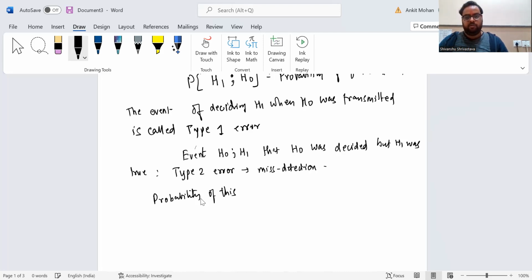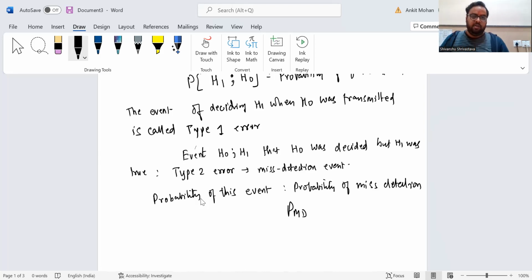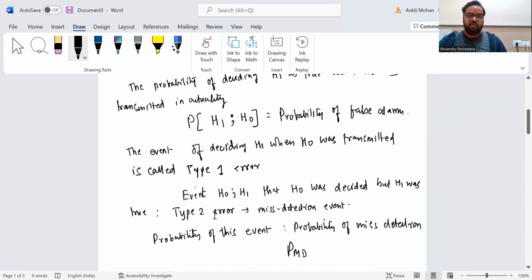The probability of this event is called the probability of misdetection, denoted with P subscript MD, and the probability of false alarm is denoted with P subscript FA.